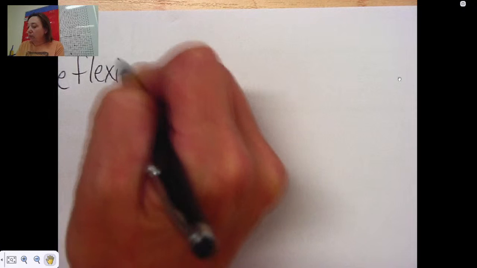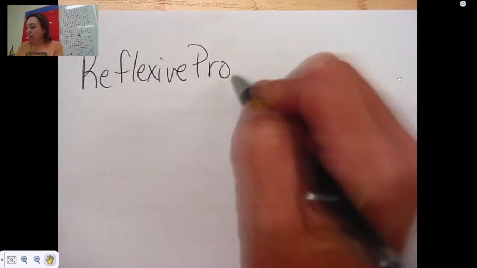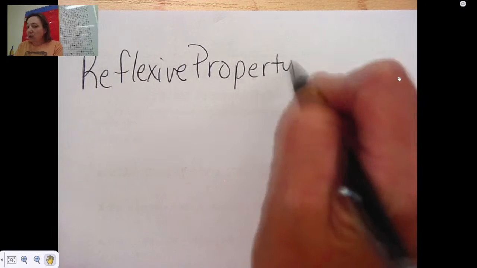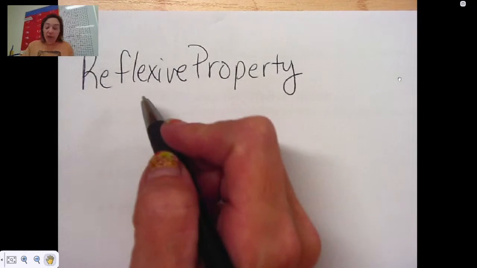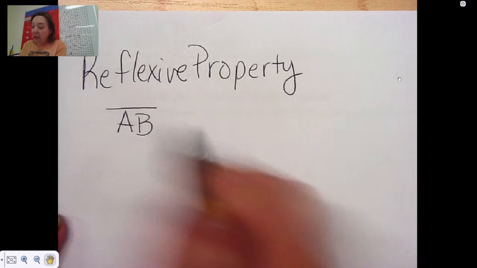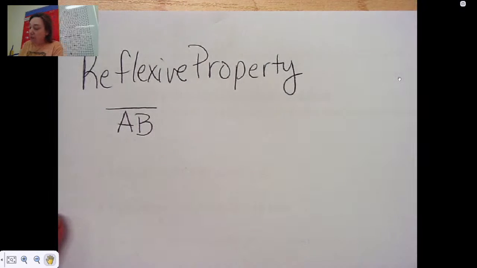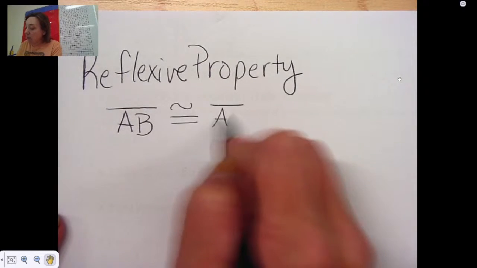So the first one is called the reflexive property. Let me move that over. The reflexive property says, I've got a note card over here because I don't want to mess these up, that if you have segment AB, it is congruent to segment AB.